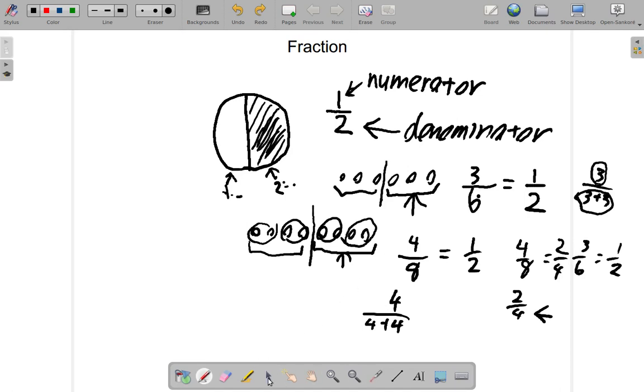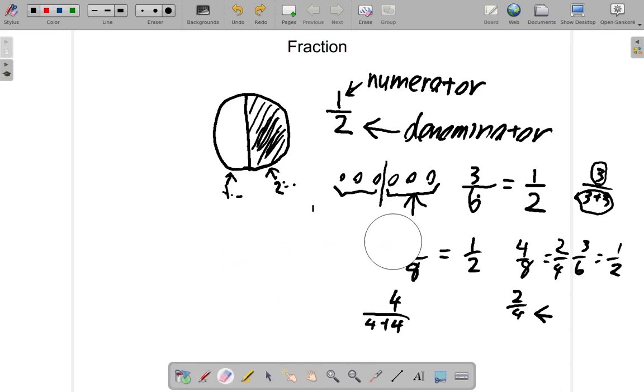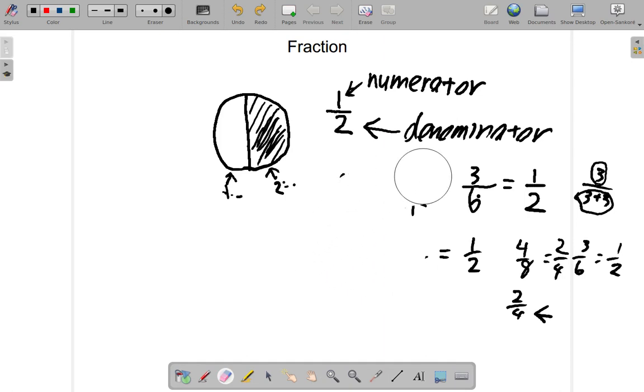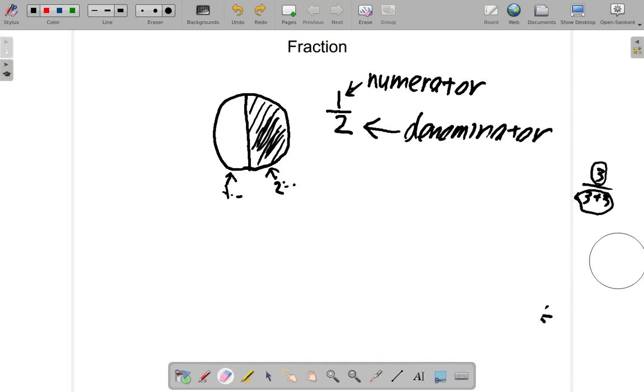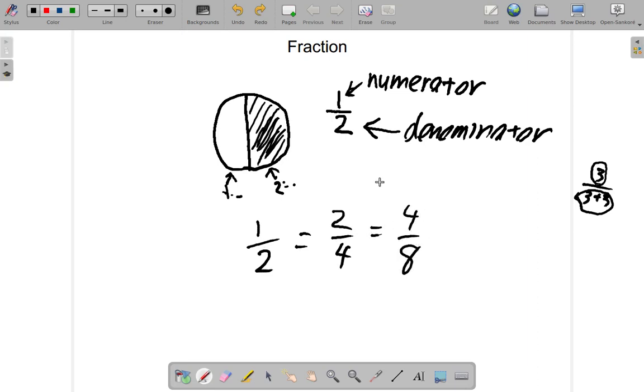So I can say here, let me just erase these for a while, that 1 out of 2, a half, is the same thing as 2 out of 4, which is the same thing as 4 out of 8, and so on.